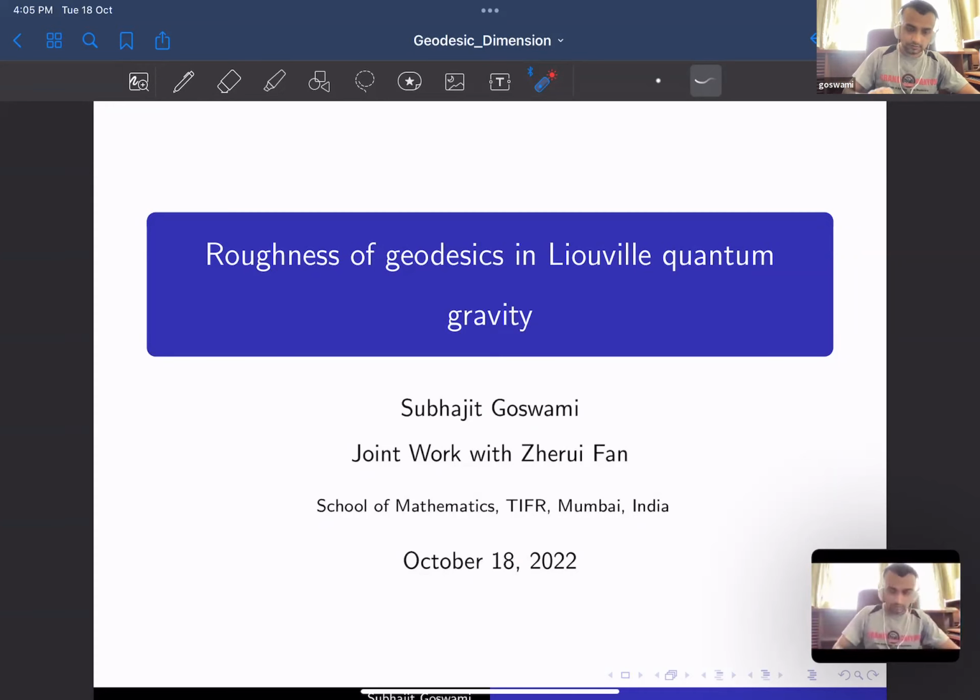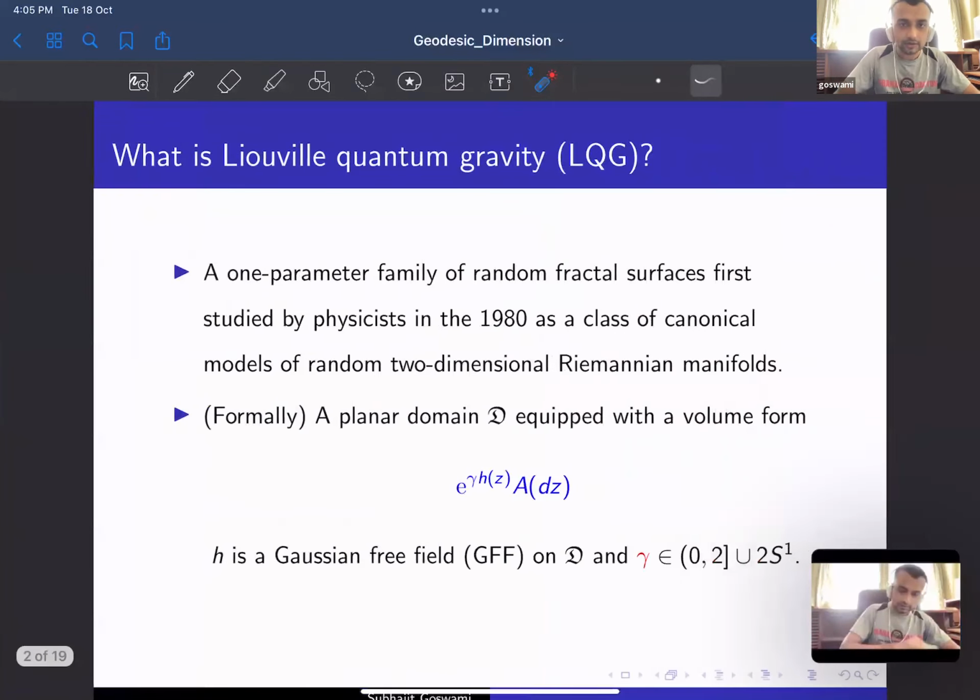Okay, so let's start by addressing the elephant in the room. What is Liouville quantum gravity? This thing originates in physics. Roughly speaking, it's a one-parameter family of random fractal surfaces. Don't worry, I'll soon make these things as precise as possible, given the time frame.